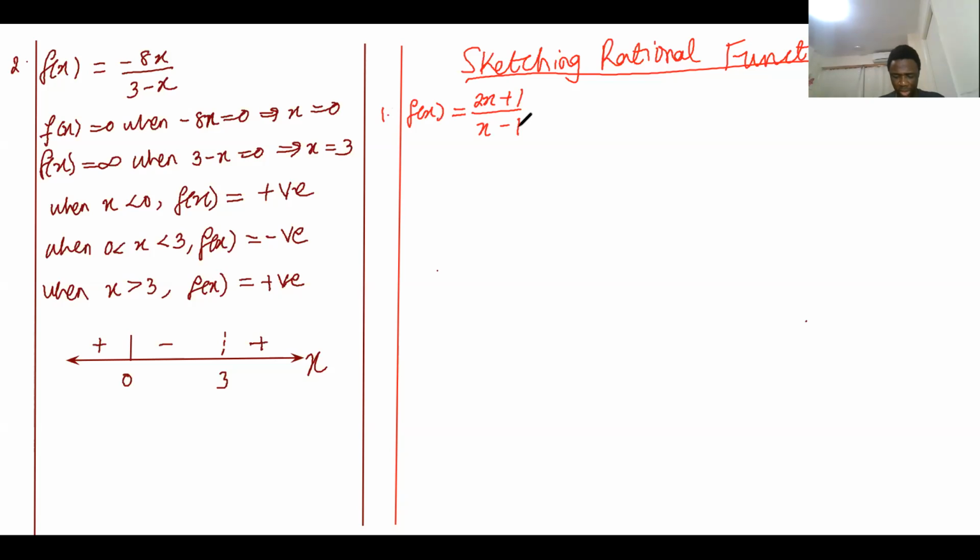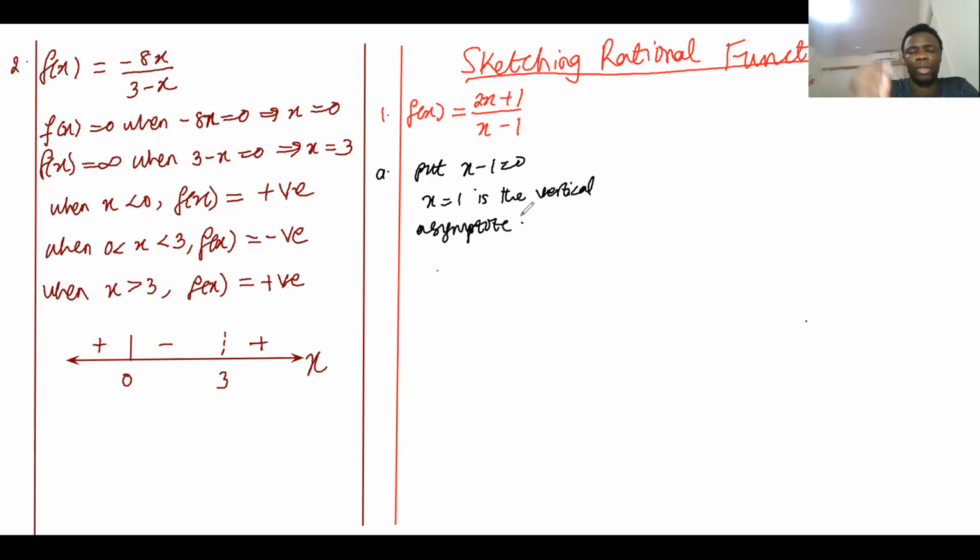Question A says find the vertical asymptote. Now, vertical asymptote is easy. That is when our denominator is 0, right? So all we need to do is put x minus 1 equal to 0. Then x equals 1 is the vertical asymptote. Okay.